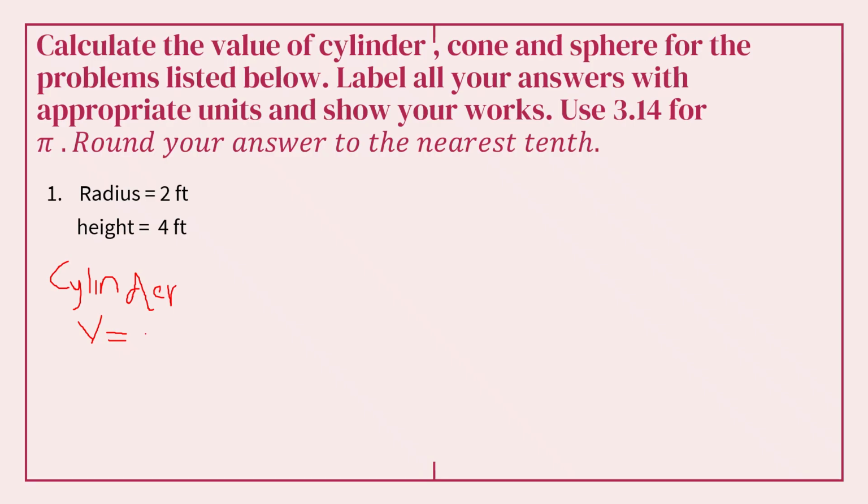So we have pi times 2 feet squared times the height, which is 4 feet. Pi is 3.14. This is a constant.